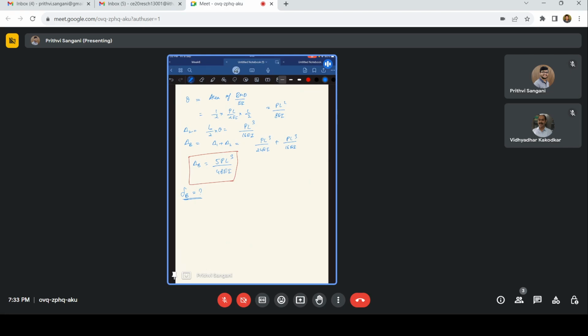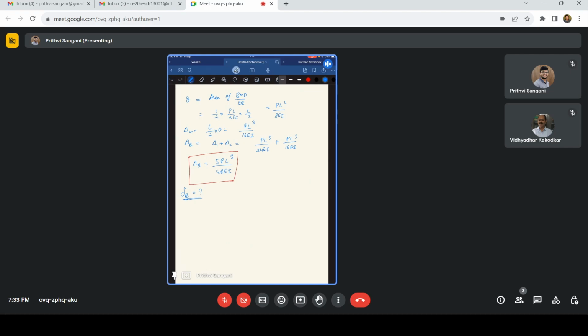What about the bending moment? Let me solve for bending moment. 72 into 4.5 plus 24 into 3 minus 39 into 9.